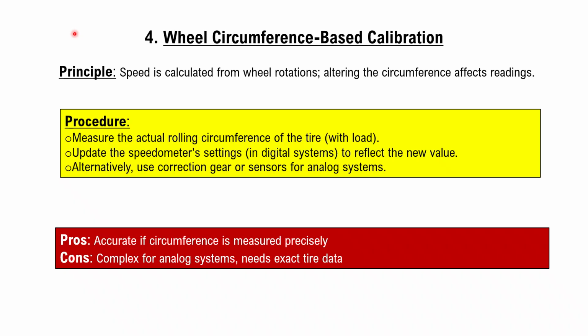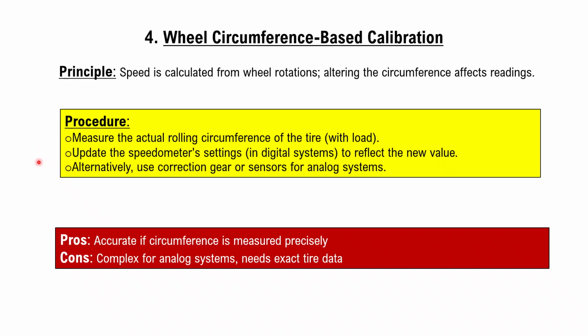Number 4 method is wheel circumference-based calibration. Its principle is that speed is calculated from wheel rotations, so altering the circumference affects readings. Its procedure is: measure the actual rolling circumference of the tire with load, of course.